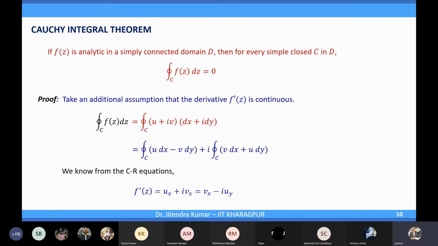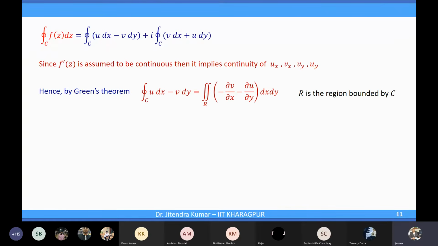So here we started with the integral as usual. We have the real and the imaginary part here, and then we make use of the CR equations, that u_x is equal to v_y and v_x is equal to minus u_y.